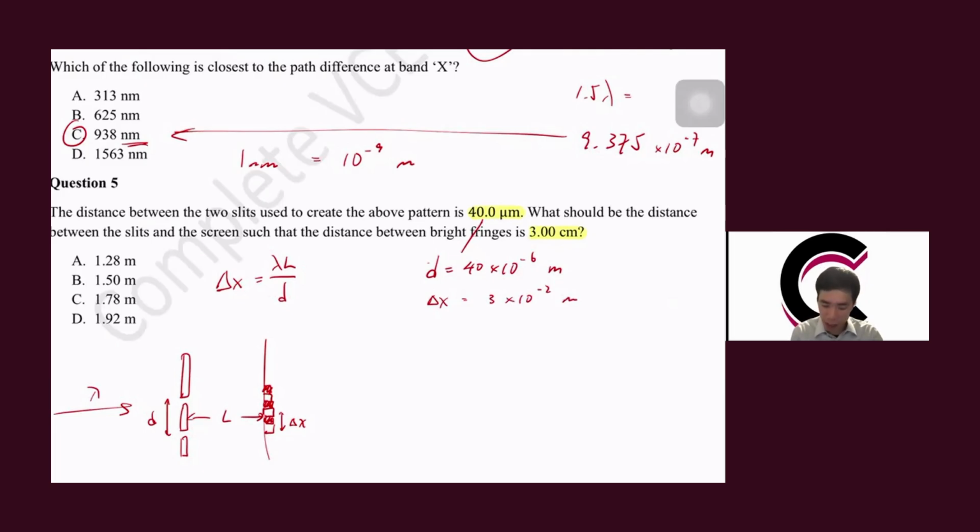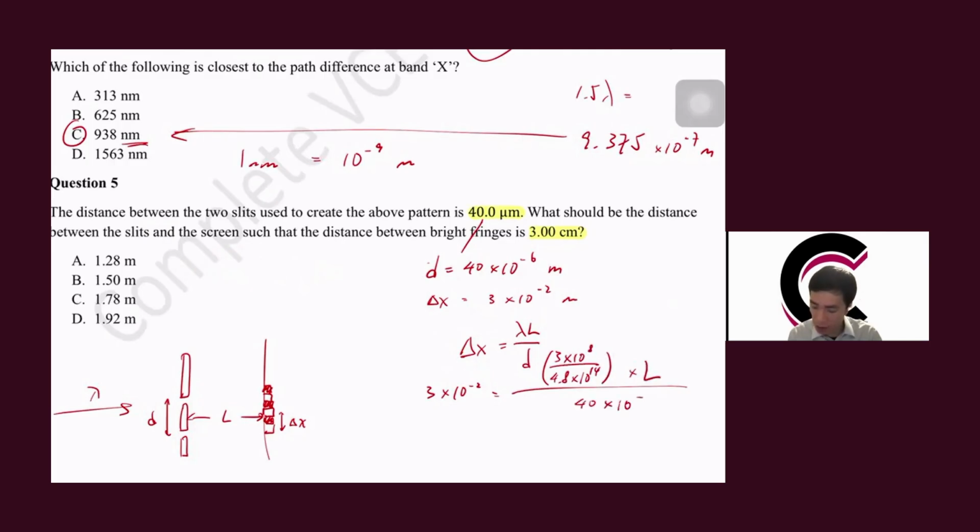And if we put all the values into the equation right here, you've got 3 times 10 to the power of -2 equal to the wavelength. Let's imagine you simply put in the wavelength expression, that is the speed of light divided by frequency. Let the calculator do the hard work, times L divided by 40 times 10 to the power of -6.